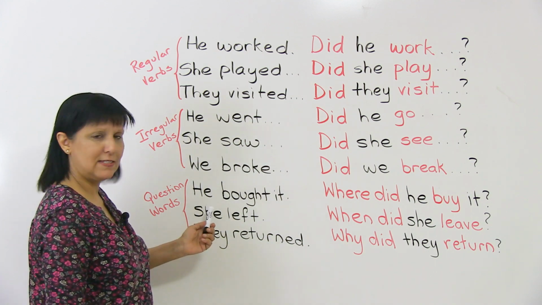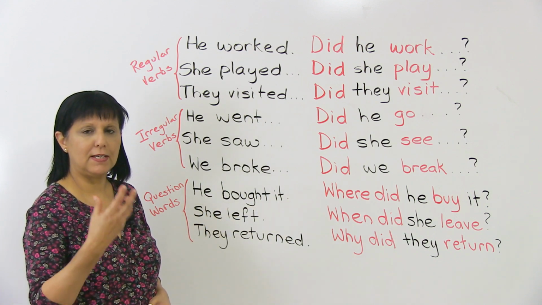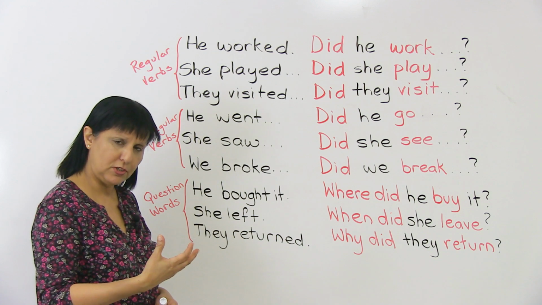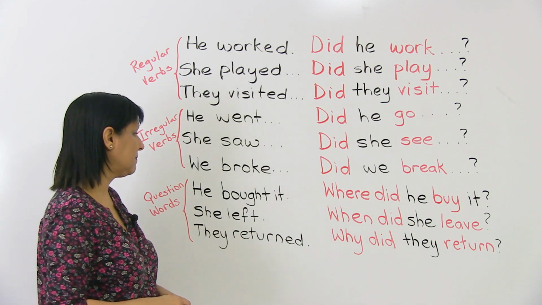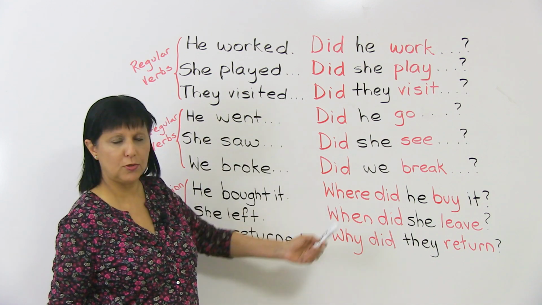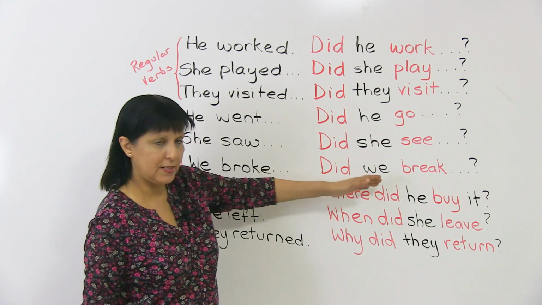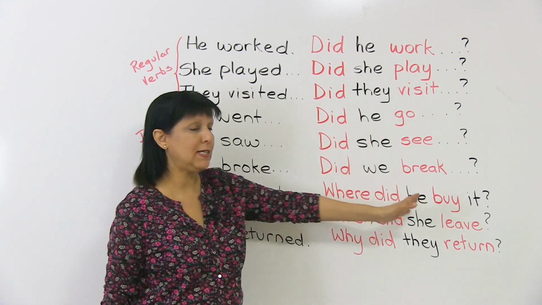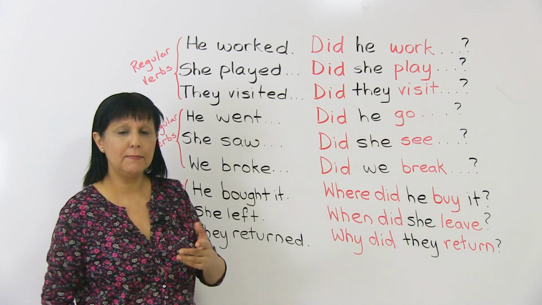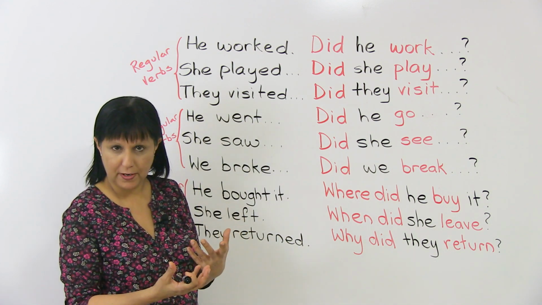So let's take the sentence first. He bought it. All right. Past tense of buy is bought. You need to learn that one. Now, if you want to ask using the question word where, what happens? We keep this part that we learned up here: did he buy it? That stays the same, but we need to add the word, let's say, where before it.